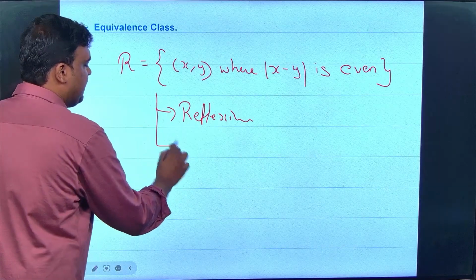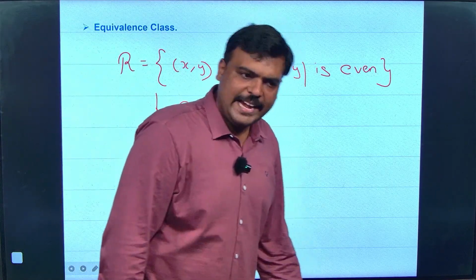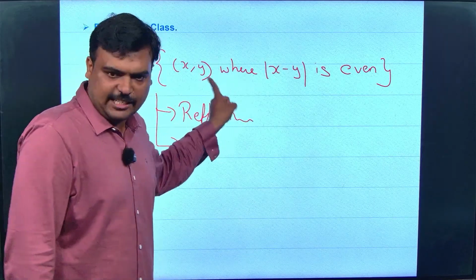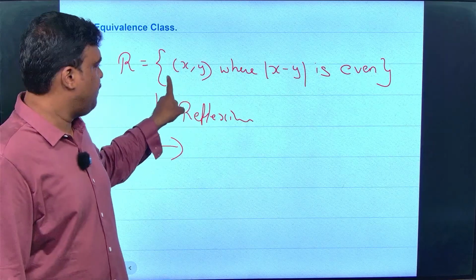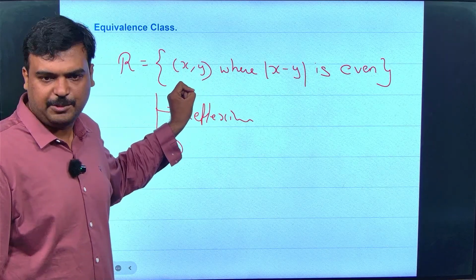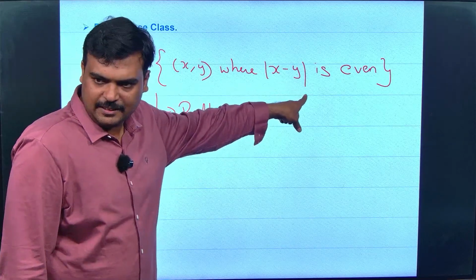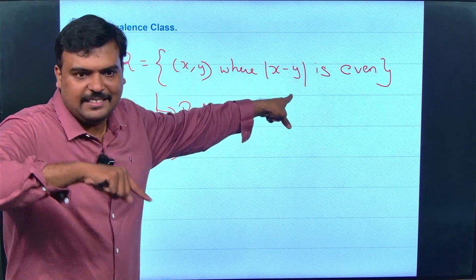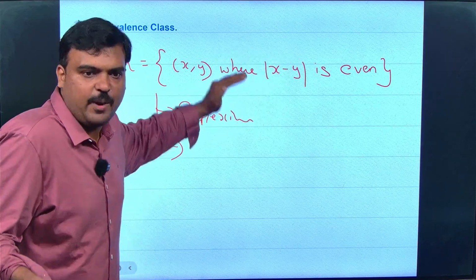Okay, guys. Whether it is symmetric? Yes. Why? Because if I get x comma y, let me take an example of 5 comma 7. I'll get 2. For 7 comma 5, also 2, because I have modulus. If that remains even, this also remains even, if x comma y is present in the relation.